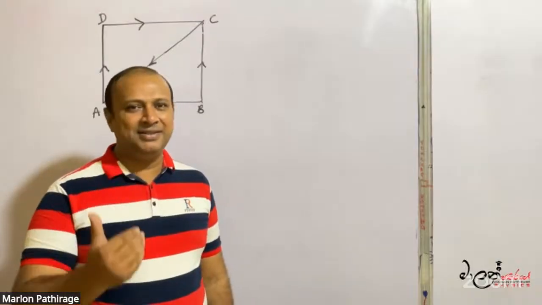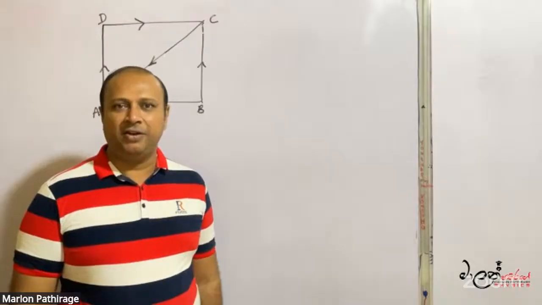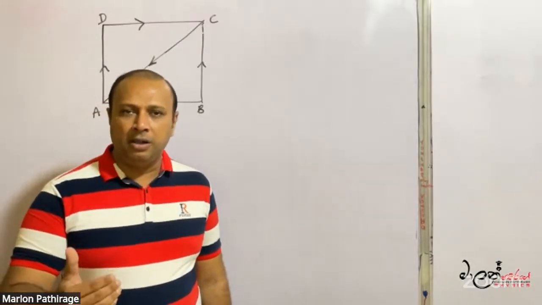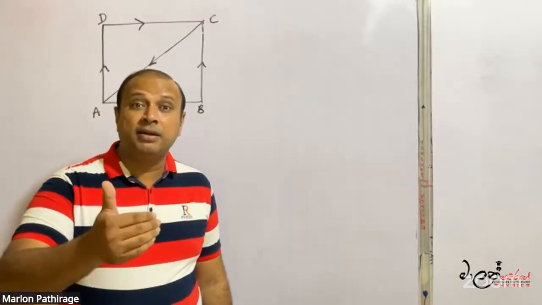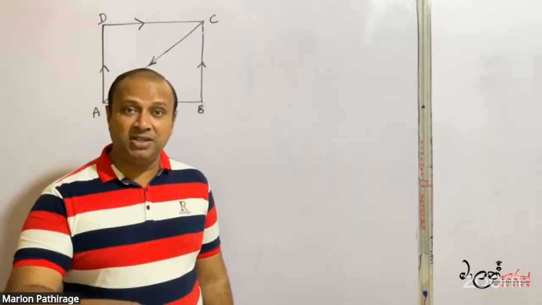If you are given this kind of question, you have to apply the vector addition principle, because all the vectors are represented in magnitude and direction using a geometrical figure.